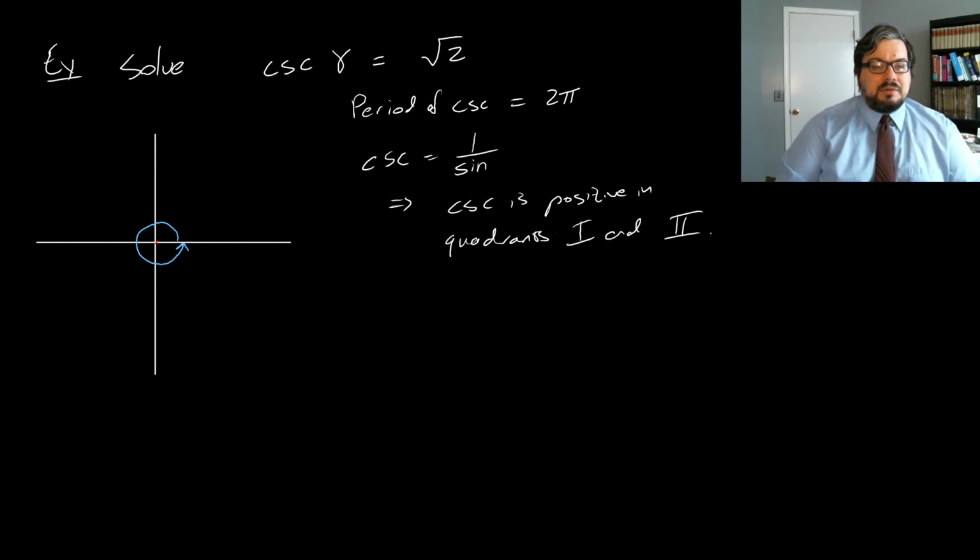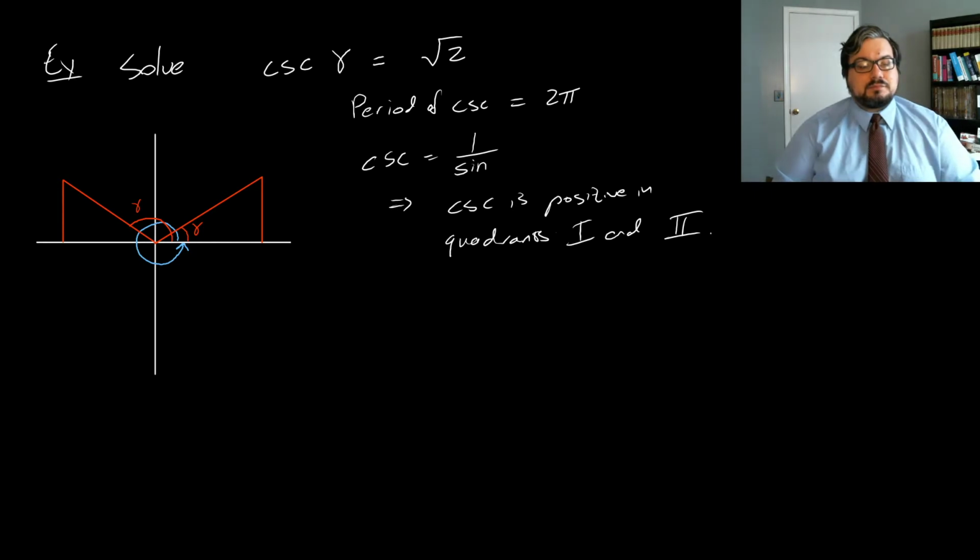So what we want to do now is sketch out a couple of angles that will be solutions to the equation. We want these red angles to correspond to a couple of gammas that we might choose here.